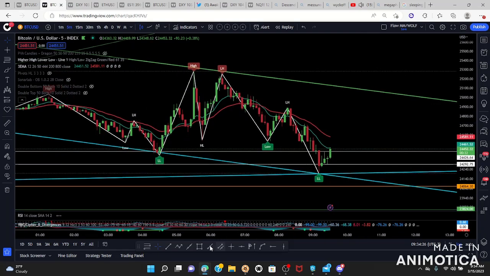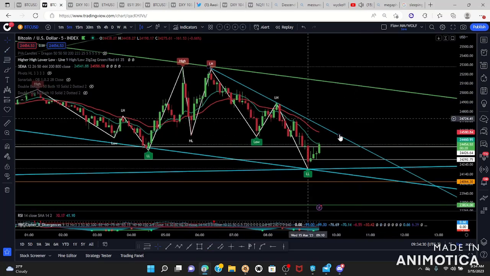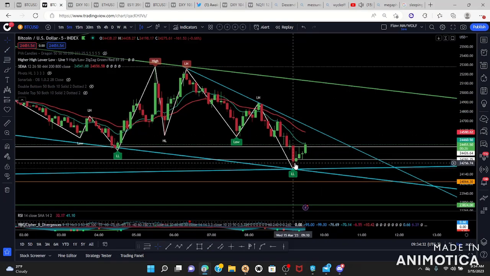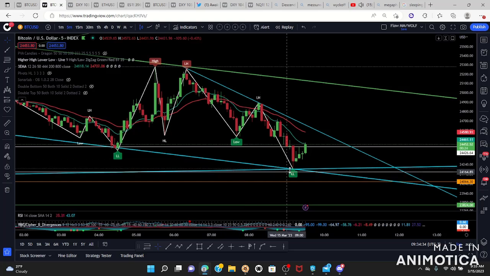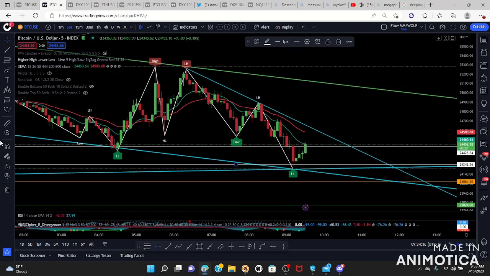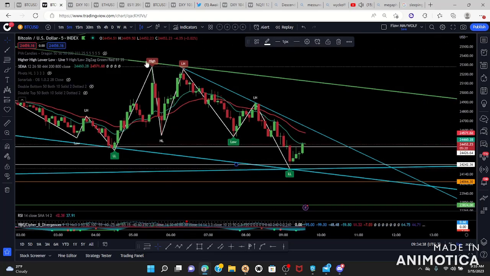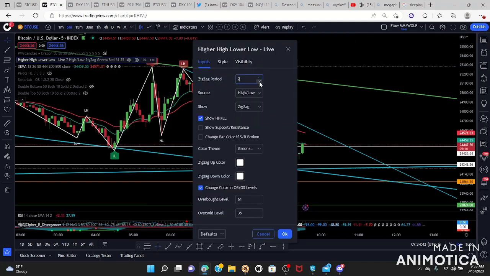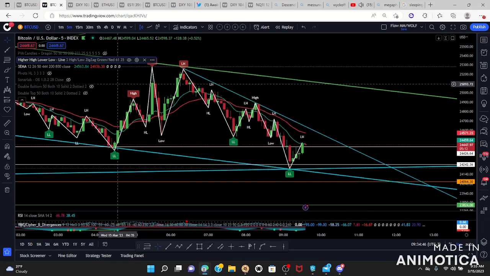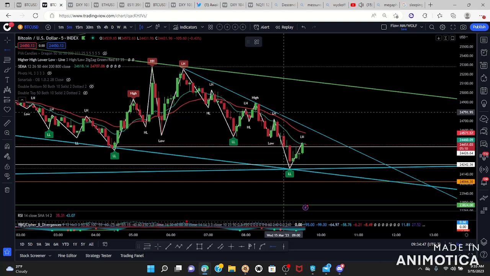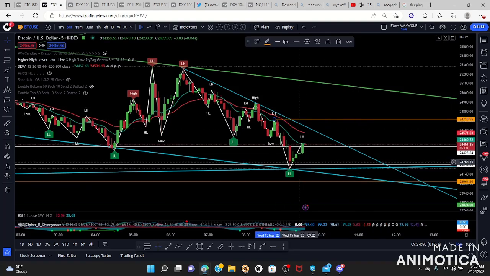Okay, what I want to see is this trend line to break. I'm in the 5 minutes right now. I have a range. I set a low here, 5 minutes, right? This is technically your 5 minutes high. Let me see if I can make it smaller. Okay, so this would be my 5 minutes high, and that will confirm a break here.